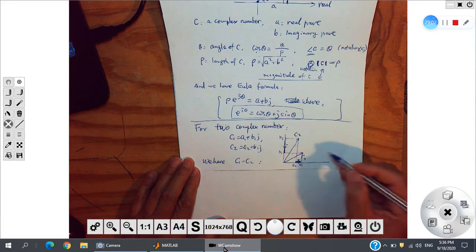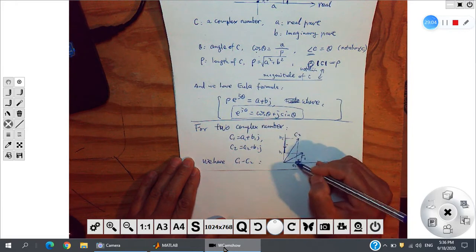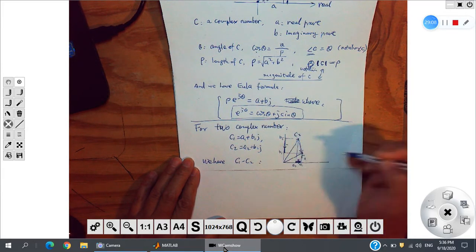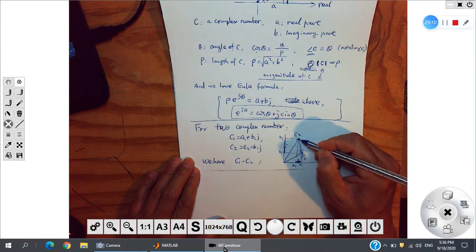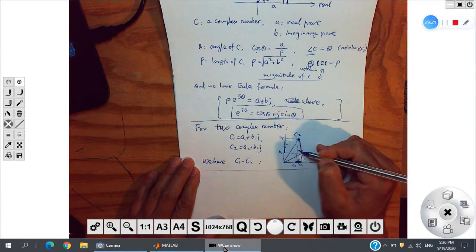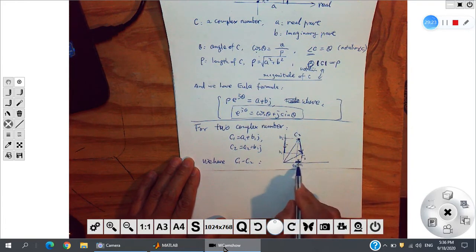Okay, so you see, this is a direction, and you connect these two, right? From here to here, in the imaginary axis it goes from B2 to B1, and in the real axis it goes from A2 to A1.